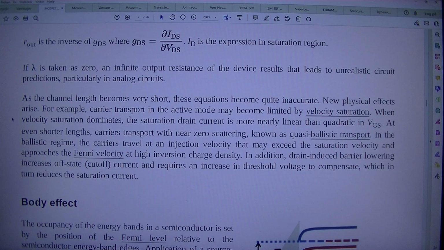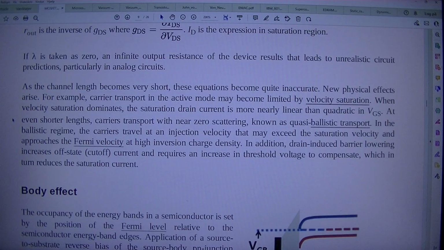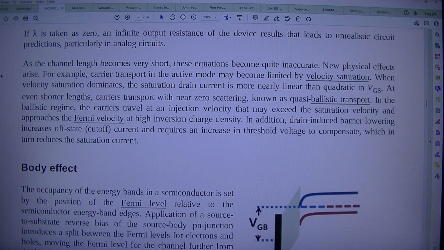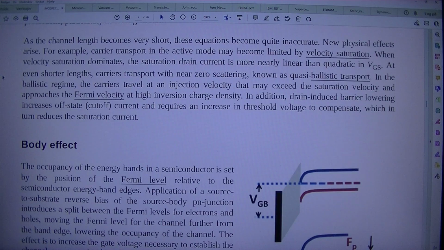If lambda is taken as 0, an infinite output resistance of the device results, which leads to unrealistic circuit predictions, particularly in analog circuits. As the channel length becomes very short, these equations become quite inaccurate. New physical effects arise. For example, carrier transport in the active mode may become limited by velocity saturation. When velocity saturation dominates, the saturation drain current is more nearly linear than quadratic in VGS.